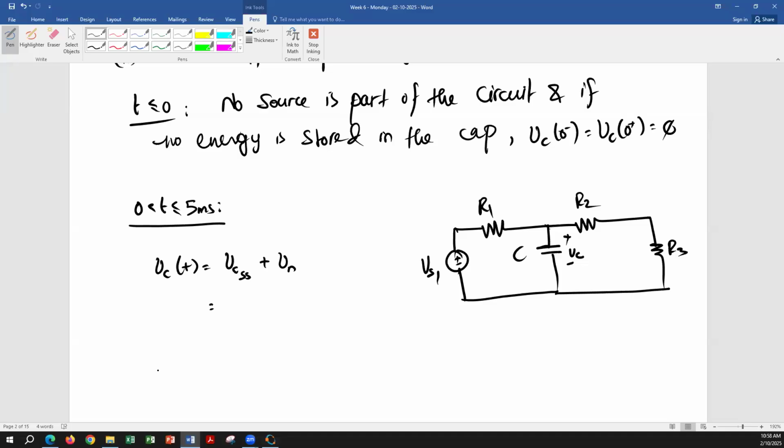Yeah, right, but we're looking for the voltage. R2 and R3 are in series with each other, and that combination is parallel to the capacitor. So whatever the voltage drop across R2 and R3, that's the voltage drop across the capacitor.